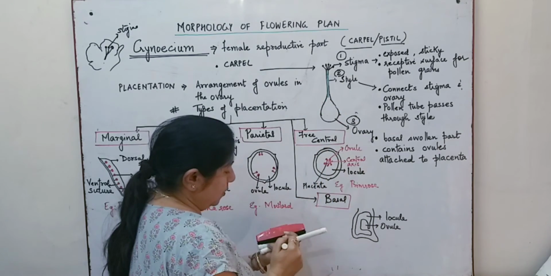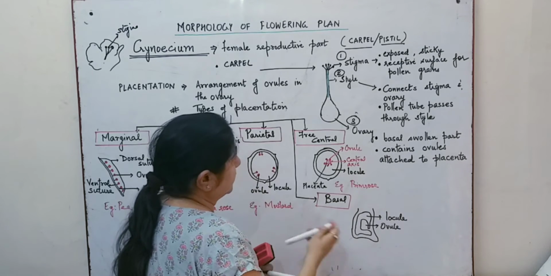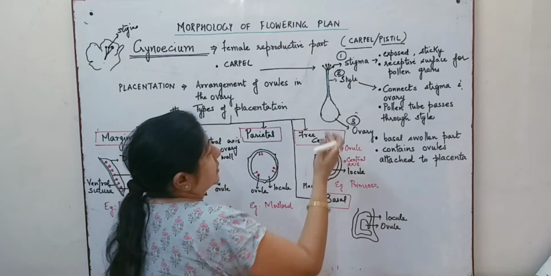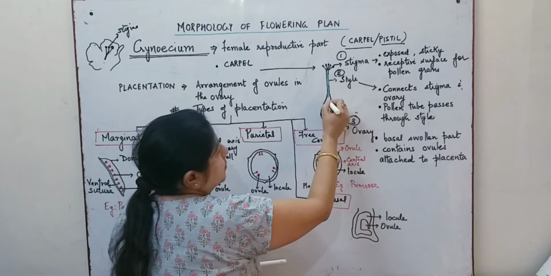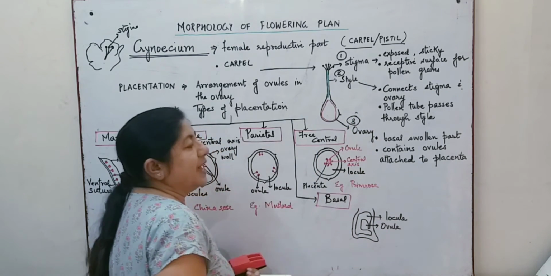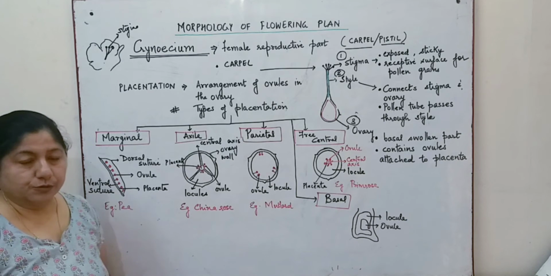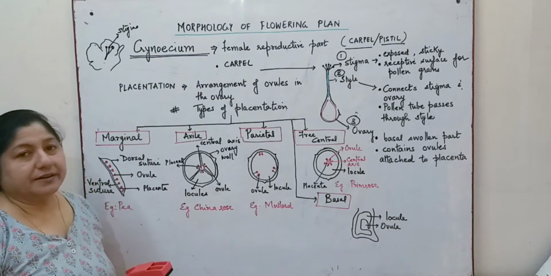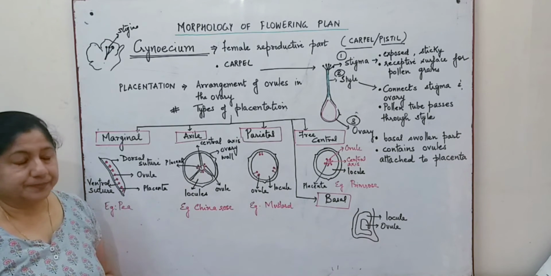The basal swollen part over here is the ovary. This is the ovary, which is the swollen portion, and it contains ovules which are attached to the placenta.